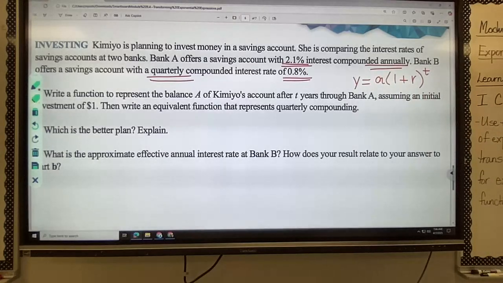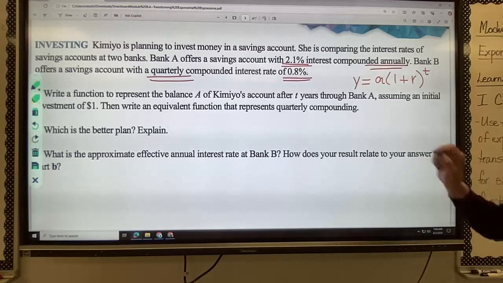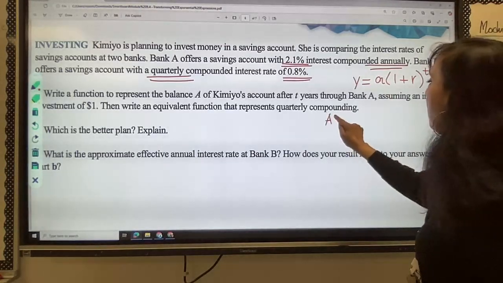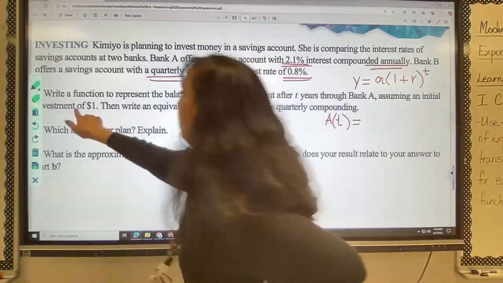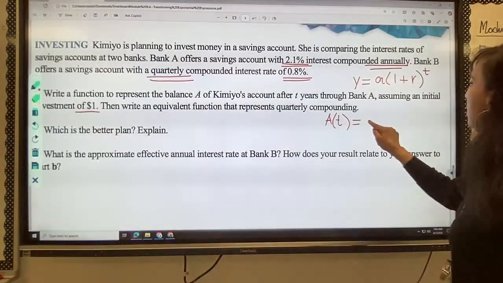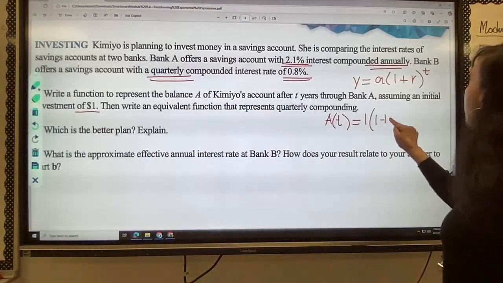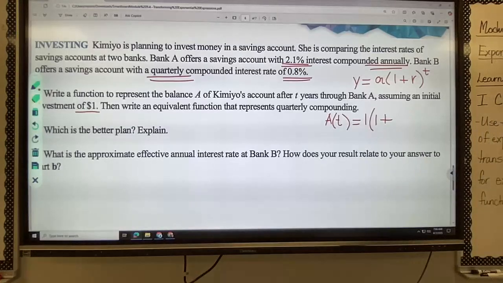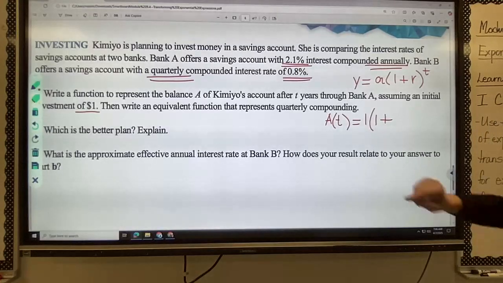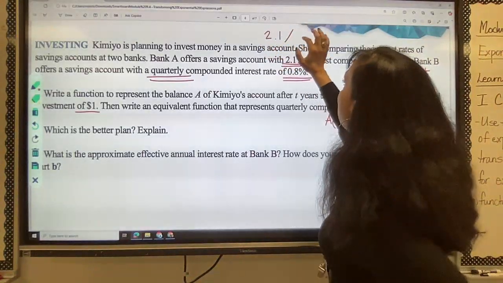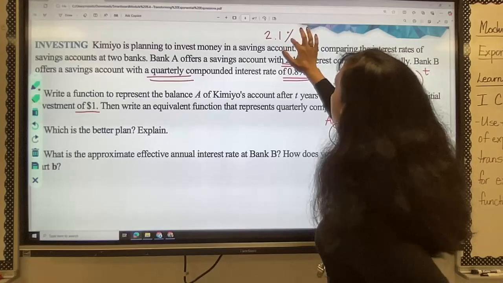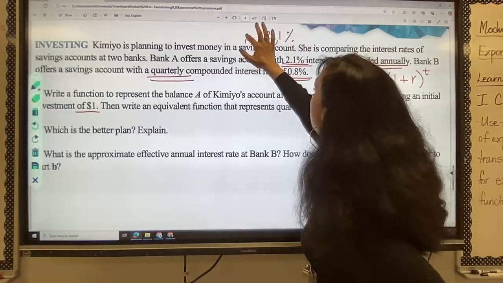Okay, so let's say y is equal to a of t. And a, as we said, the initial investment is $1. So this is going to be 1 plus, what is my interest rate? My interest rate is 2.1%, which as a decimal, this would be 2 places to the left.